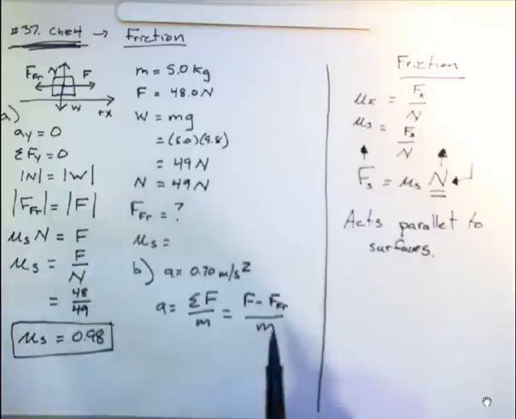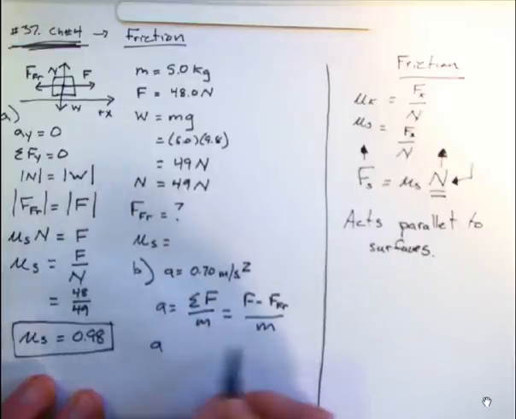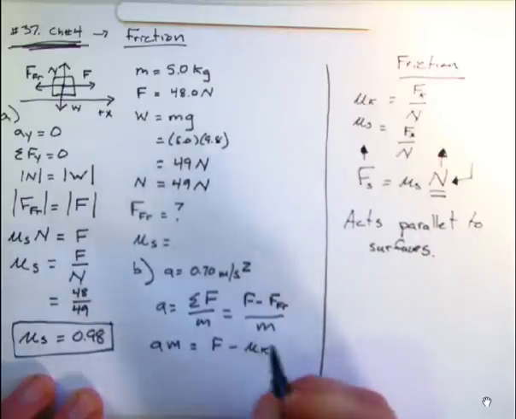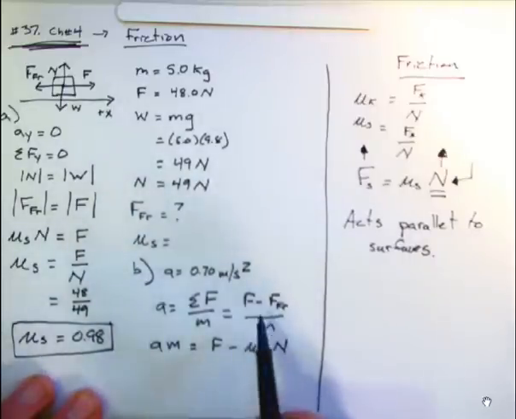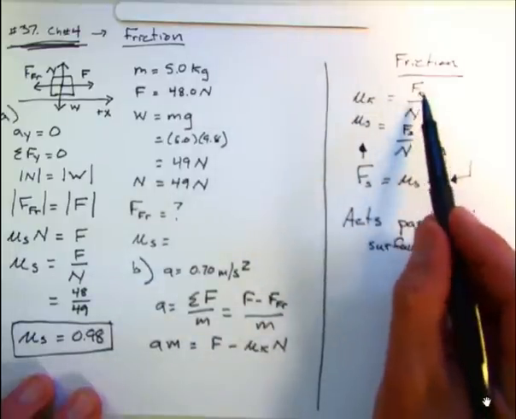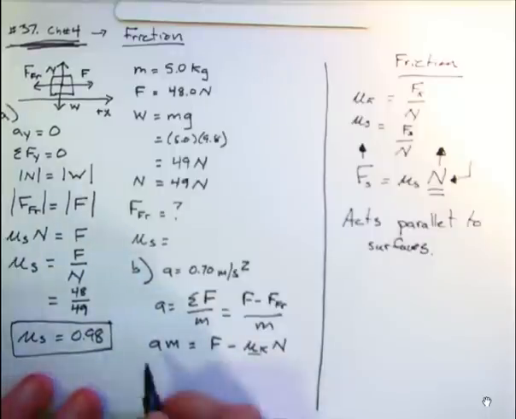Let's see if we can solve for the coefficient of kinetic friction. If we rearrange things, we get am is equal to F minus mu sub k times the normal force. For our friction, we're using mu times the normal force, in this case the coefficient of kinetic friction, and that's what we want to solve for.